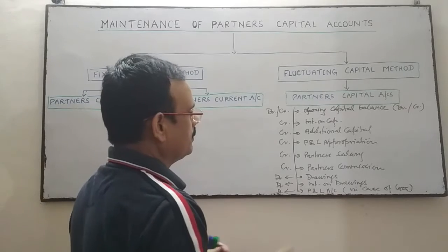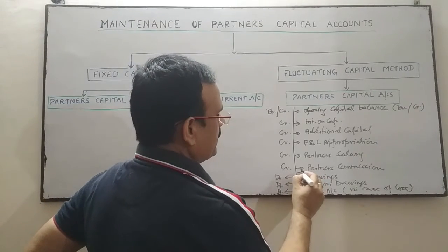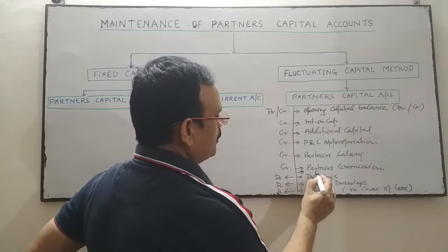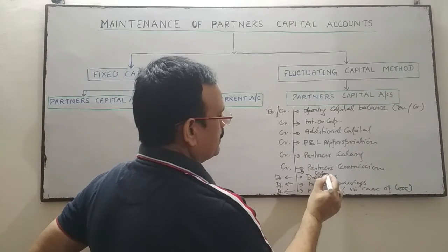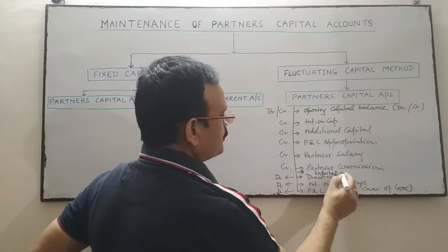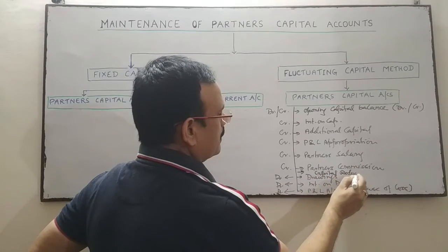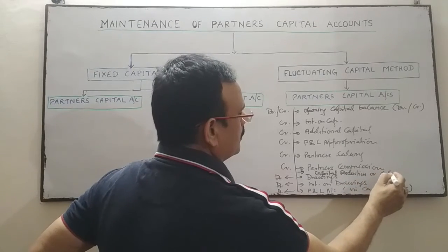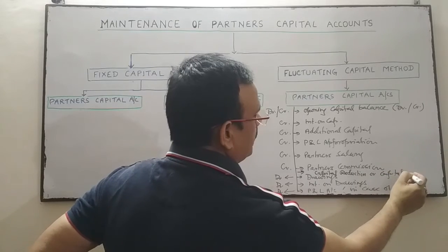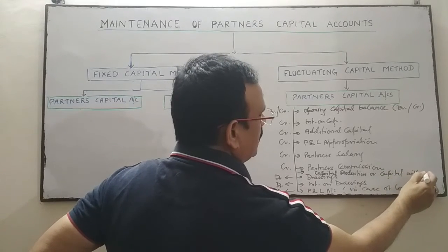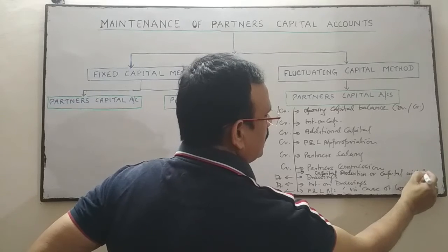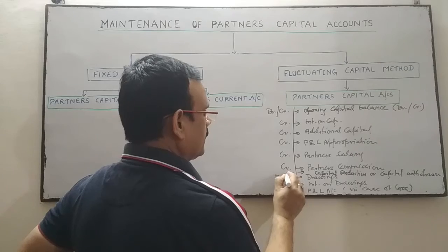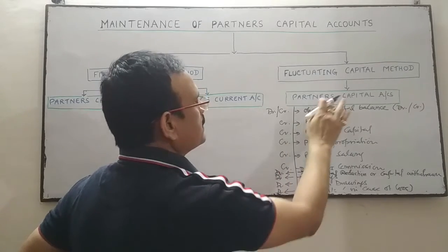Capital withdrawn, or capital reduction, or you can say capital withdrawn, will be posted in the debit side of partner's capital account.